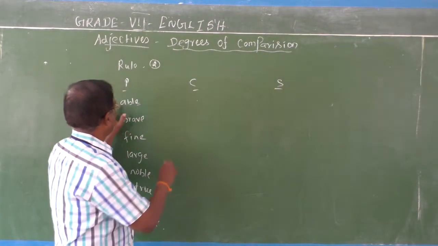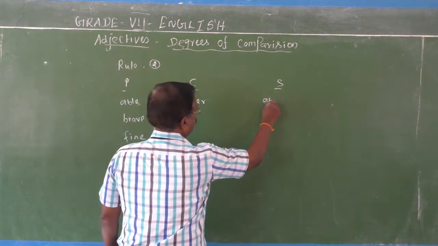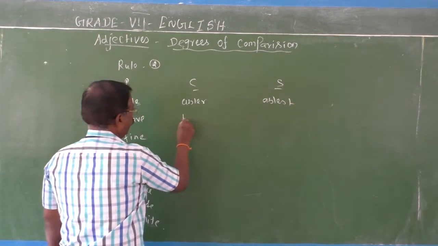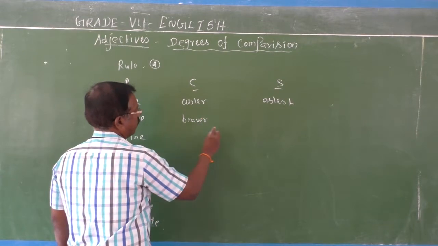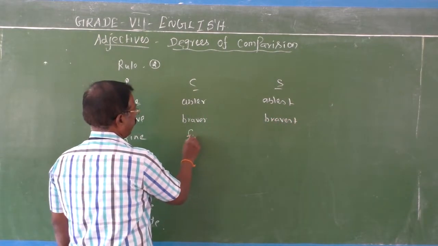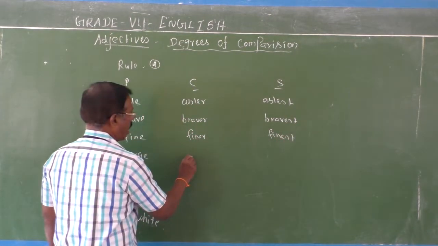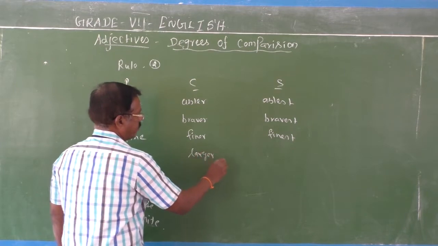Okay. So, able, abler, ablest. Brave, braver, bravest. Fine, finer, finest. Okay. Large, larger, largest.